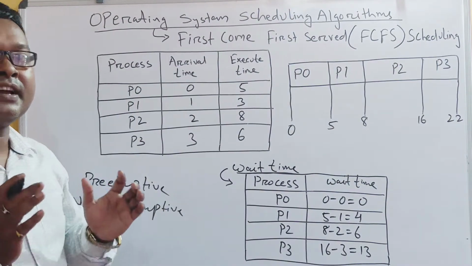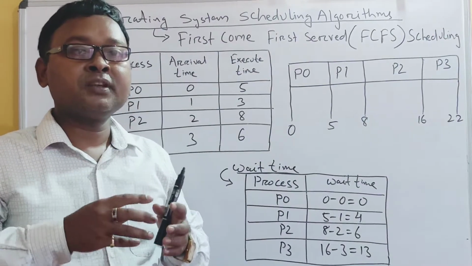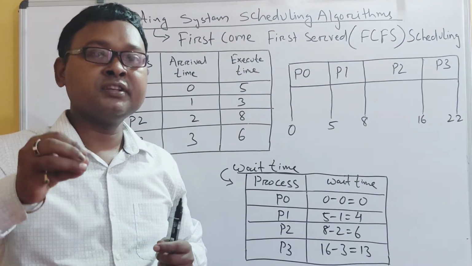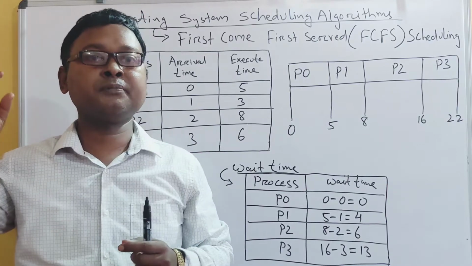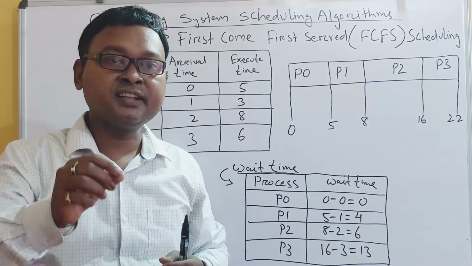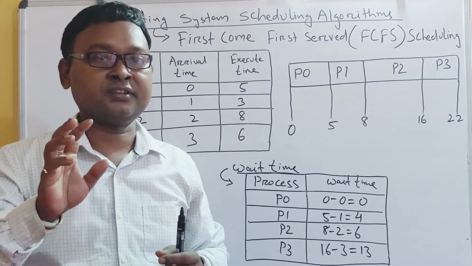Non-preemptive means that when a particular process is executing in the CPU, it cannot come out of the CPU until it completes its execution fully.